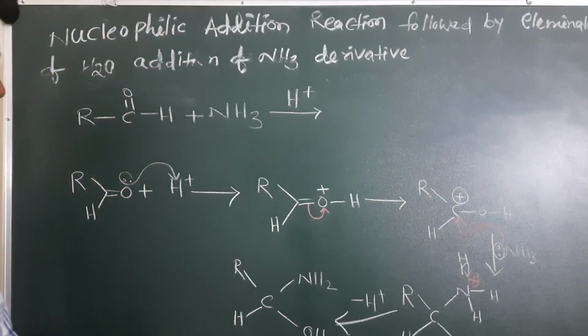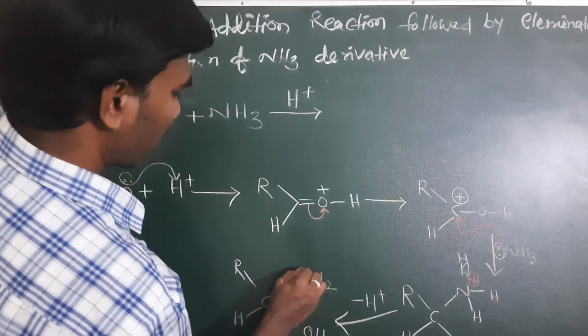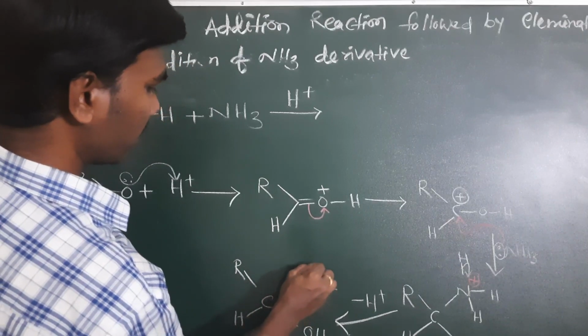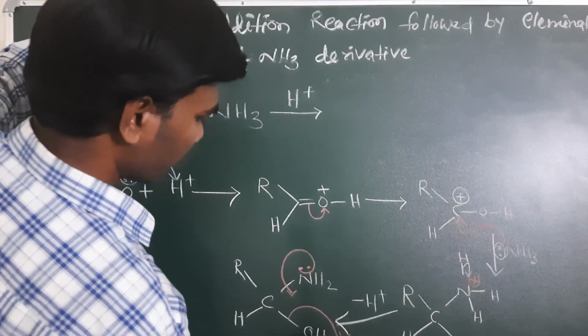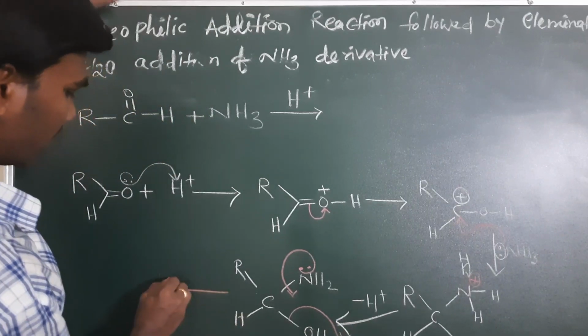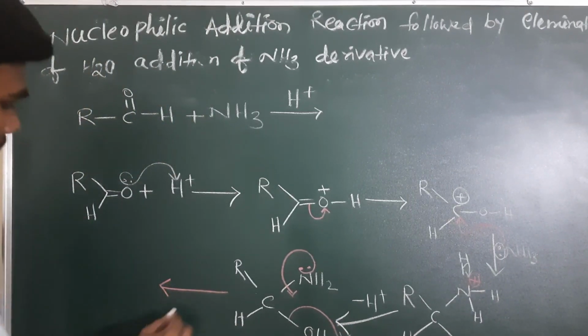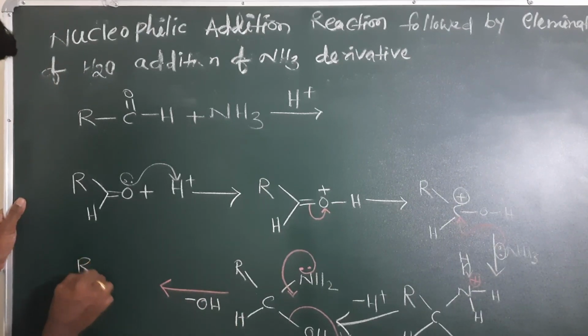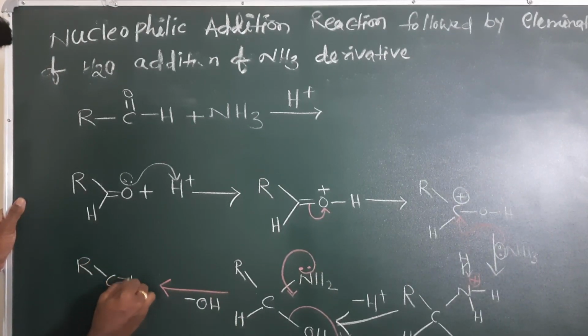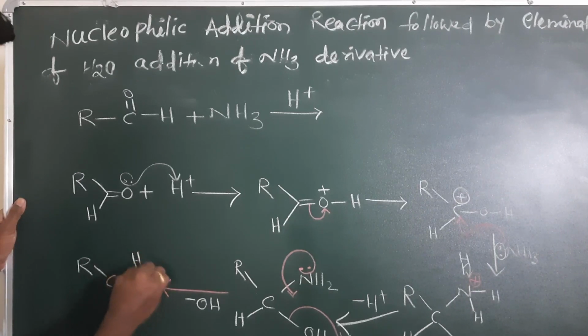After this, on the nitrogen the lone pair of electrons will shift like this, then this OH minus will be eliminated. When OH is eliminated, this carbon will get a double bond, and here hydrogen, hydrogen, and here H is there.